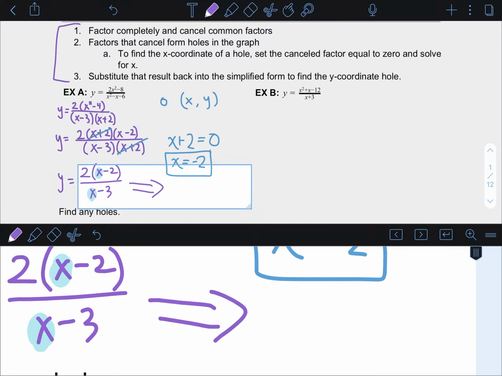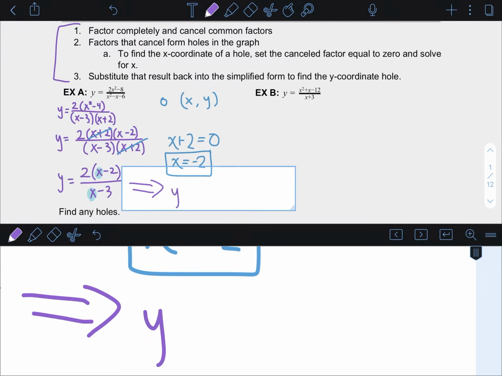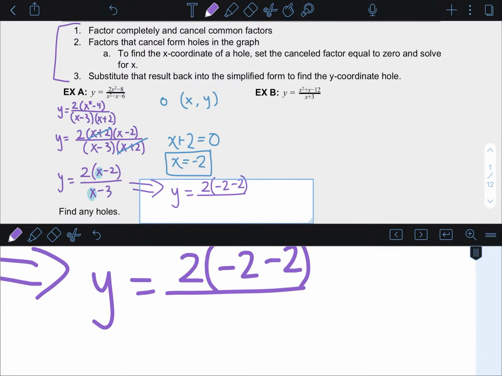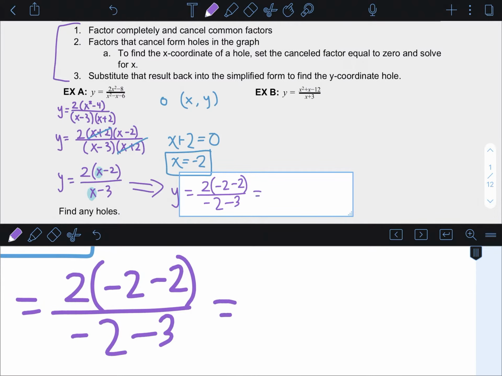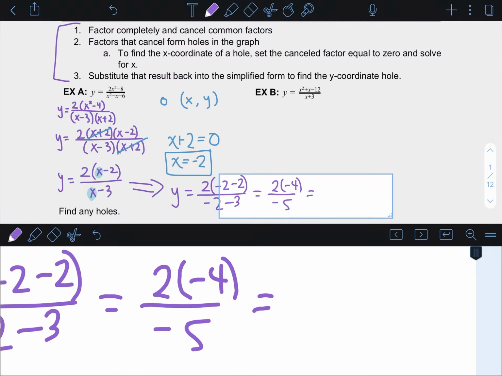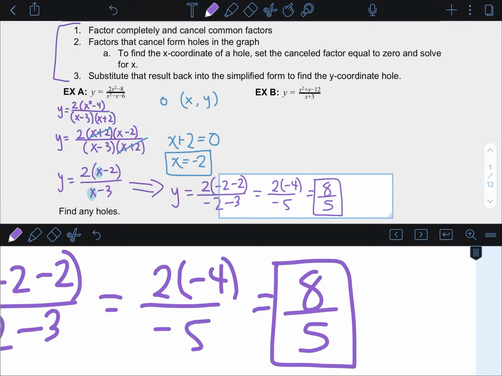So what that would do is we would get y is equal to 2 times negative 2 minus 2 divided by negative 2 minus 3, and when I simplify this, I get 2 times negative 4 over negative 5 equals negative 8 over negative 5, which is positive 8/5.